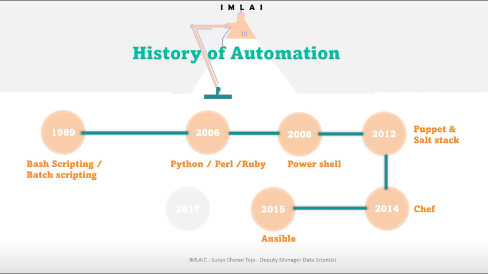It was acquired by Red Hat, and now you have a lot of things in Ansible, like Ansible Tower and enterprise versions. Ansible came with an idea of simplicity, having very simple code to manage your huge infrastructure. Of course, Python itself is simple, so whatever you make with Python would be much simpler. That's what happened with Ansible also.